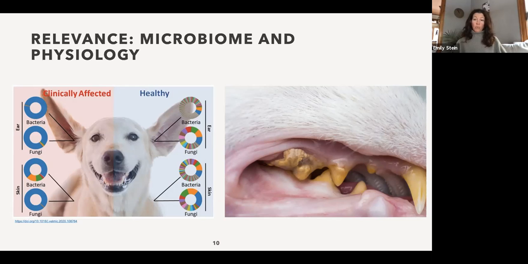We're seeing the same thing in the mouth of dogs and cats, and we're studying horses as well. That correlates strongly with our human data, which shows that animals with periodontal or gum disease or chronic infections of the gum tissue have overrepresentation of harmful organisms and underrepresentation of beneficial microbes, which correlates strongly with disease severity and inflammatory marker production.